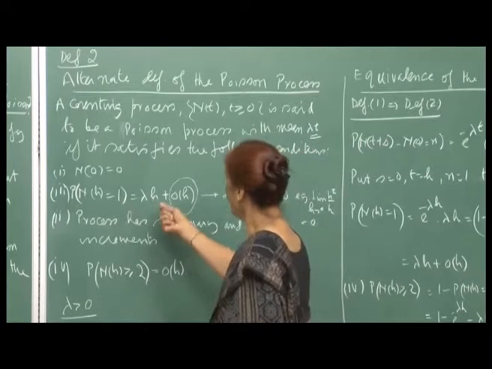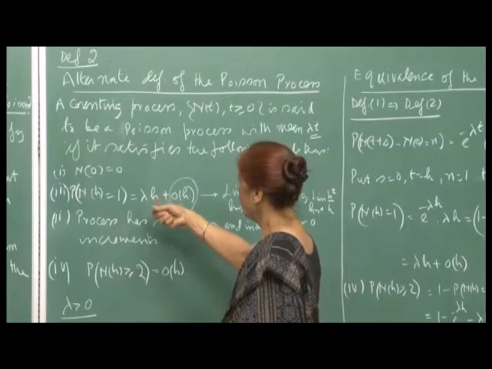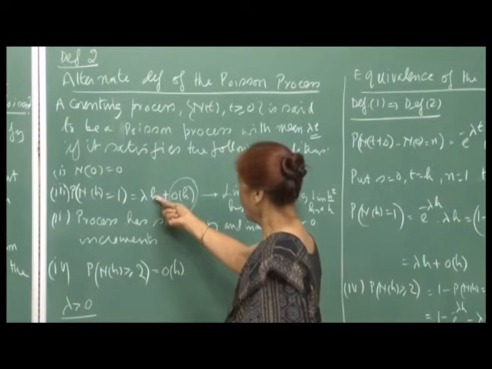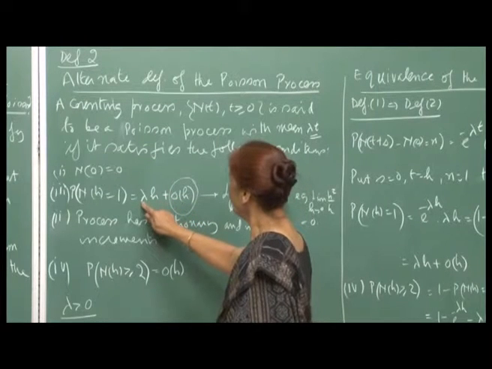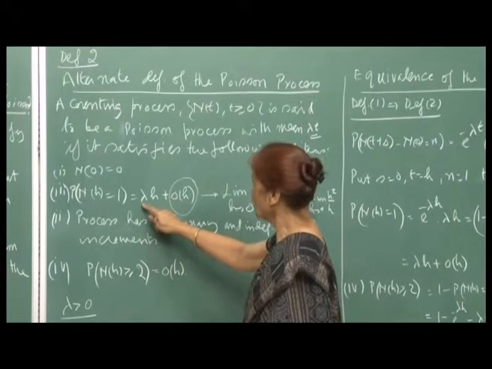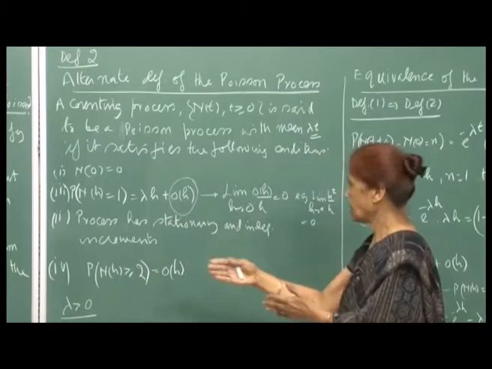So, what we are trying to say is that you can always discretize the occurrence of the events. That means, if you make the interval h small enough, then the probability of an occurrence of an event is positive in a small interval. So, therefore, you can discretize.